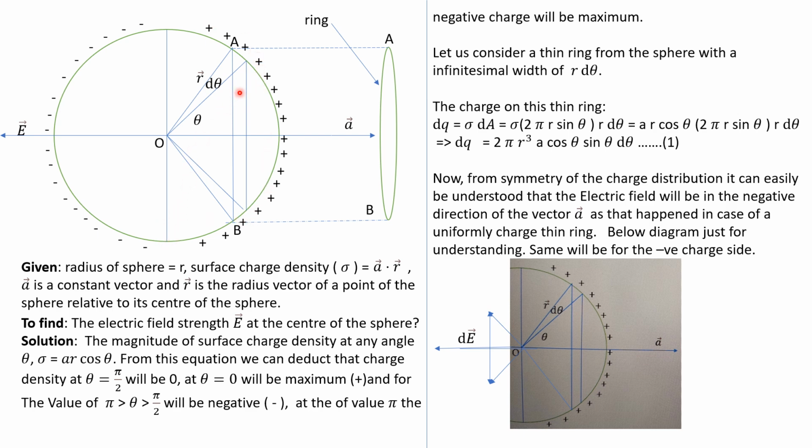So we are considering a point theta distance away from the vector A direction. What we have to find is the electric field strength as well as its direction at the center O, because of the charge distribution on this sphere that follows this equation.